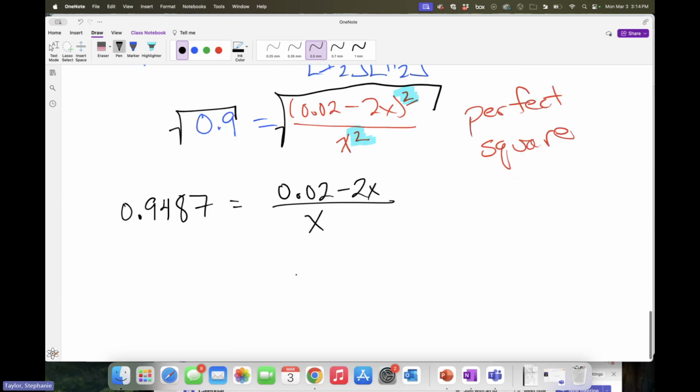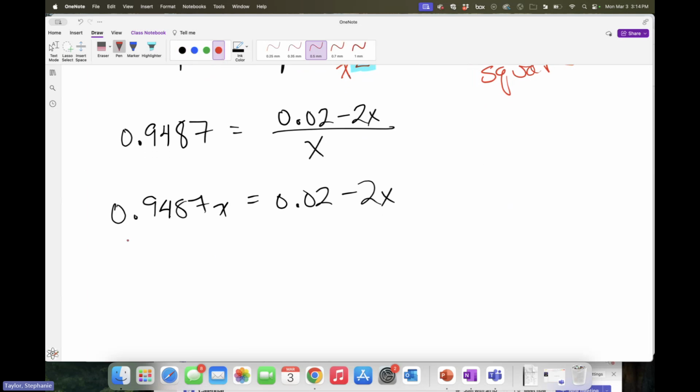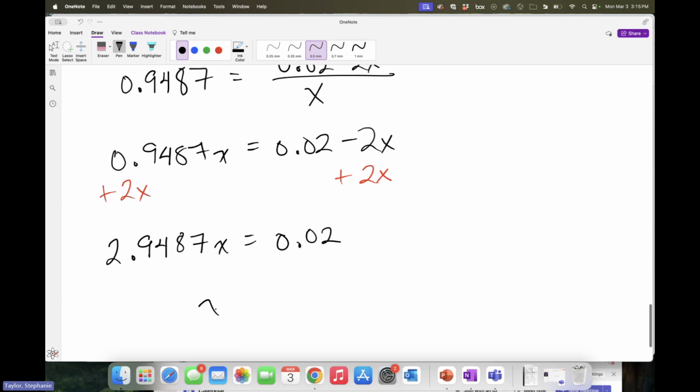From here, I just need to solve the algebra. So I'm going to multiply both sides by my x. I get 0.9487x is equal to 0.02 minus 2x. Then I'm going to add 2x to both sides. One of the other comments that I got was about doing the algebra. This is the part where practice is really helpful. Practicing what you need to do can be very, very helpful.